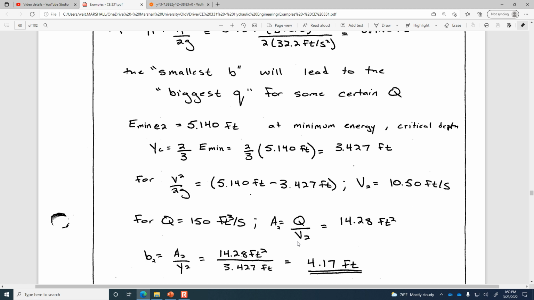We don't usually solve for an unknown area, but that's what we've just done because we knew the velocity and the flow rate. We know it's flowing at the critical depth because it's at that point of almost choking. So the minimum width that can be tolerated is 4.17 feet.